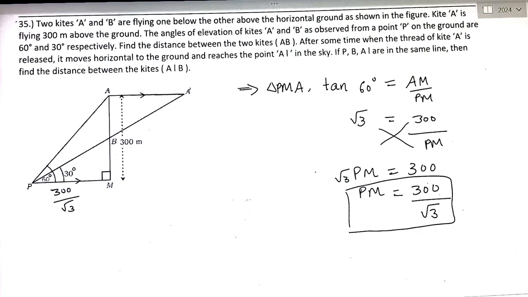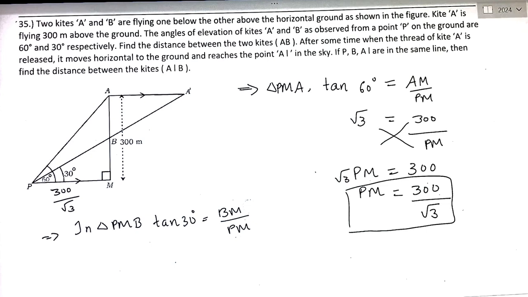Now let's take the PMB triangle. So what is the angle of elevation here? It is 30 degrees. That means tan 30. So now we'll write in triangle PMB, tan 30 is BM divided by PM.